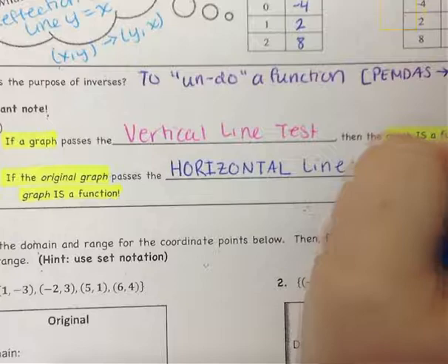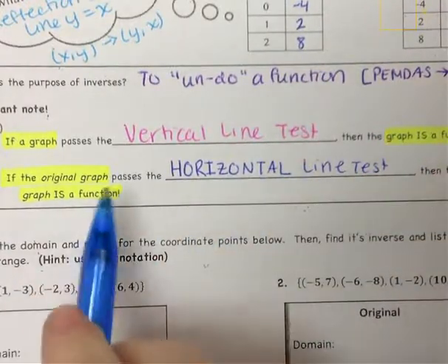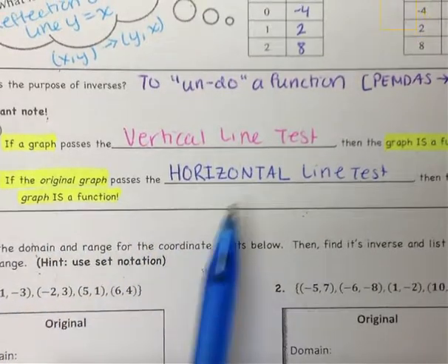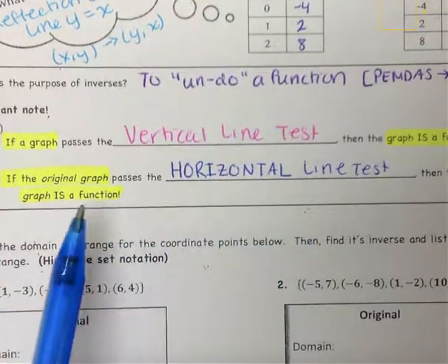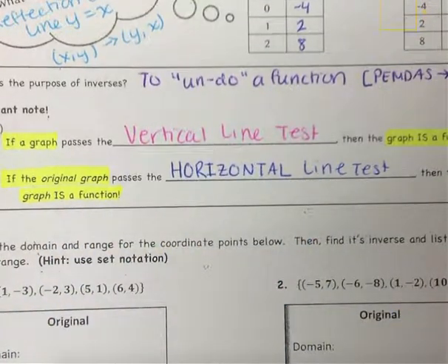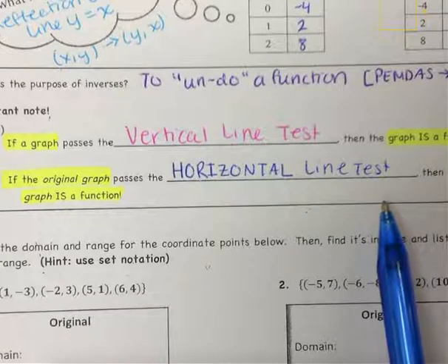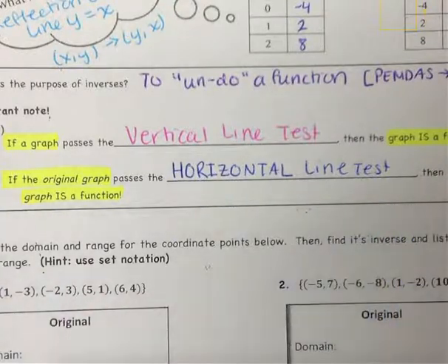So if the original graph can pass the horizontal line test, then we already know that the inverse will be a function. We do not have to have the graph of the inverse to determine if it is a function. If we already know that the original will pass the horizontal line test, then the inverse will in fact be a function. So we can determine that ahead of time.